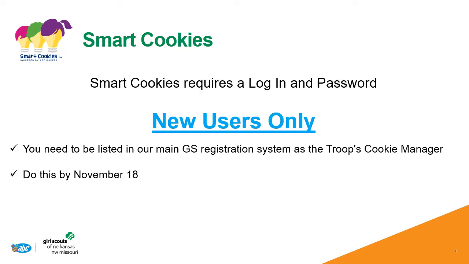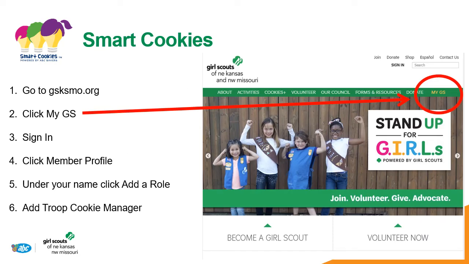In order for you to get the registration email, you need to be listed in our main Girl Scout registration system as the Troop Cookie Manager, and you need to complete this action by November 18th. As the Troop Cookie Manager, you should be a currently registered and background checked volunteer.